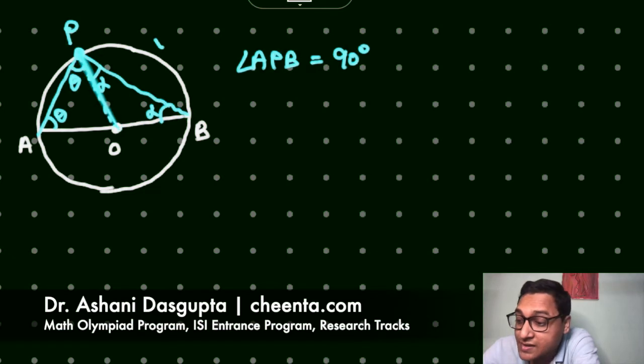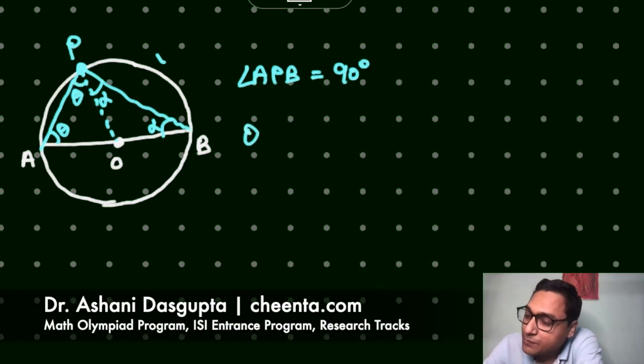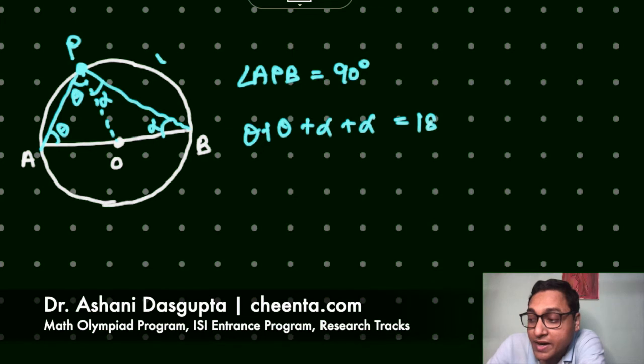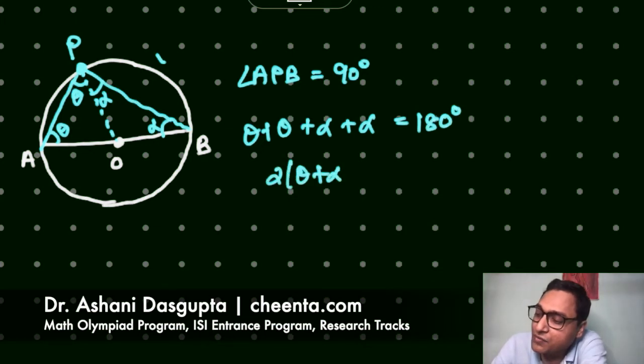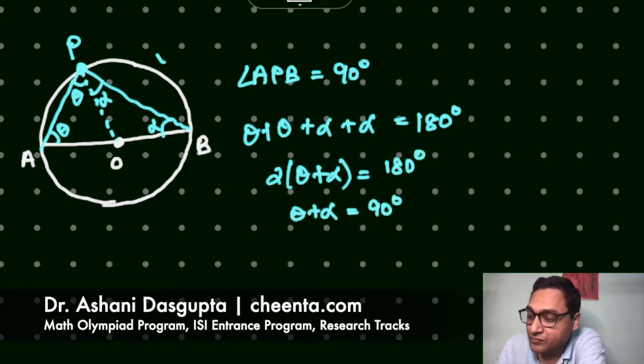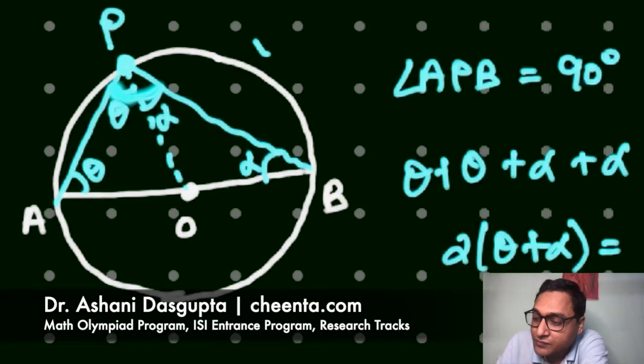Because OP is the radius and OB is also the radius. So if this angle is alpha, this is alpha. The total angle of this triangle is theta plus theta plus alpha plus alpha, which is 180 degrees. So 2 times theta plus alpha is 180, or theta plus alpha turns out to be 90 degrees, which is this angle.